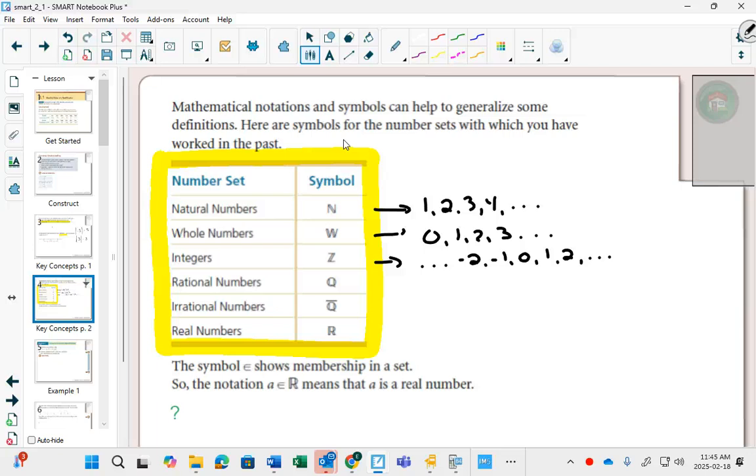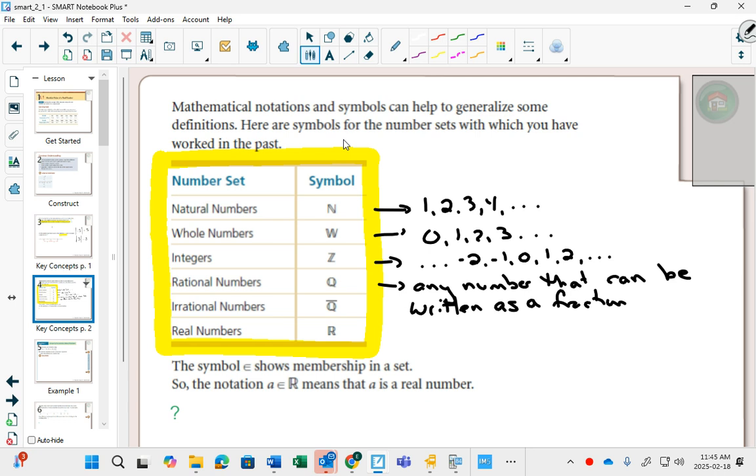And then your rational numbers are any number that can be written as a fraction. So any fraction. But this also includes, I'll write it this way, terminating decimals.